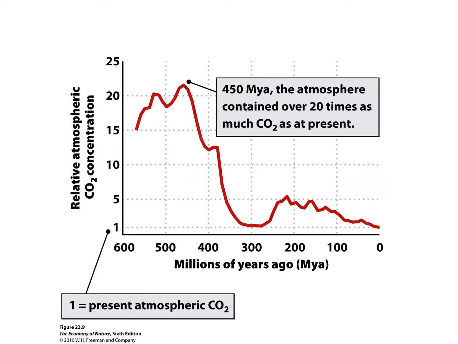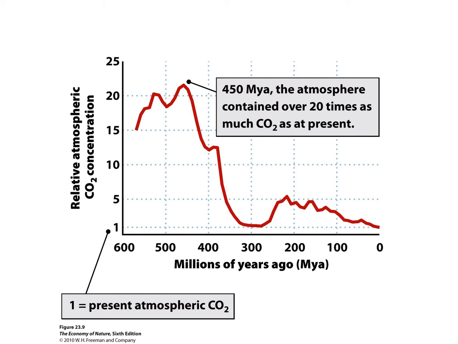Here's a figure I borrowed from an ecology textbook showing how carbon dioxide concentrations in the atmosphere of Earth have changed over geological time. Check this out. 450 million years ago, the atmosphere contained 20 times more carbon dioxide than is present today.